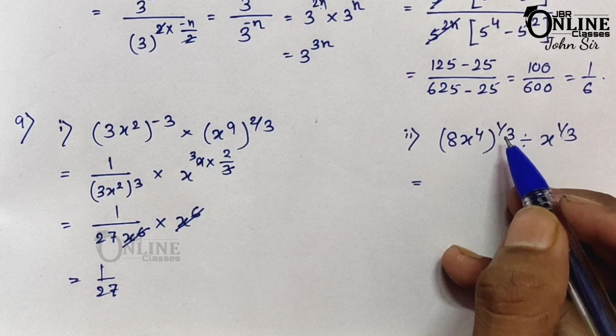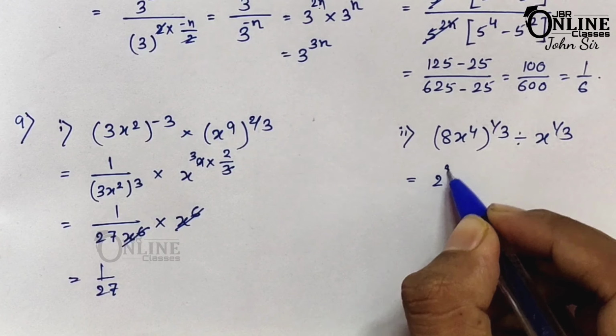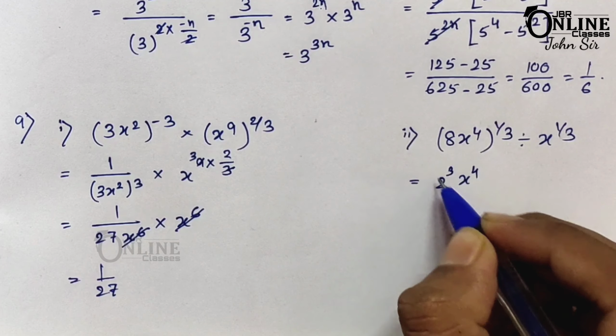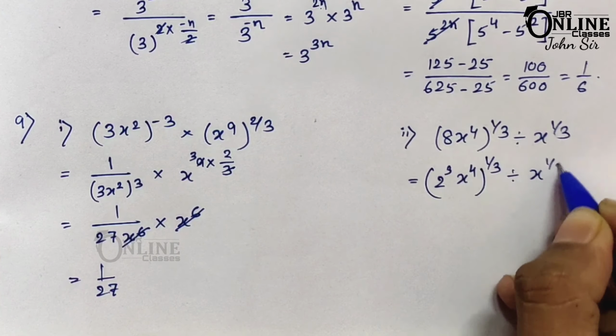Next one. 8x to the power 4 whole to the power 1 by 3. Now 8 means 2 to the power 3. So 2 to the power 3, x to the power 4, whole to the power 1 by 3, divided by x to the power 1 by 3. So now here 2 to the power 3 into 1 by 3. So it becomes only 2 to the power 1, as 3 will be cancelled out. And x to the power 4 into 1 by 3, that means x to the power 4 by 3.